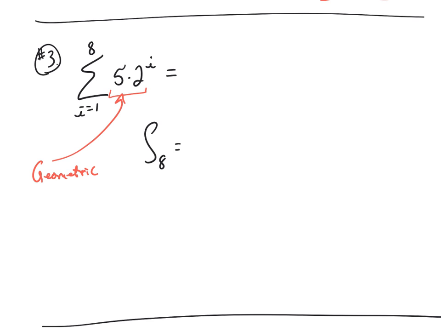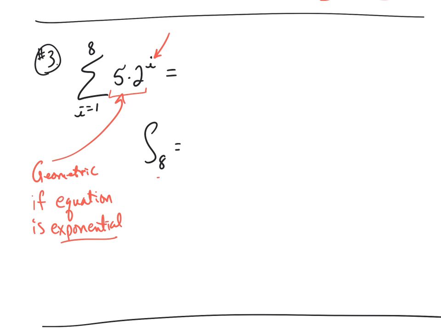It's going to be geometric if the equation is exponential. Remember from a couple months ago, exponential means we have a variable in the exponent. Up here you can see we have a variable i in the exponent, therefore it's exponential.